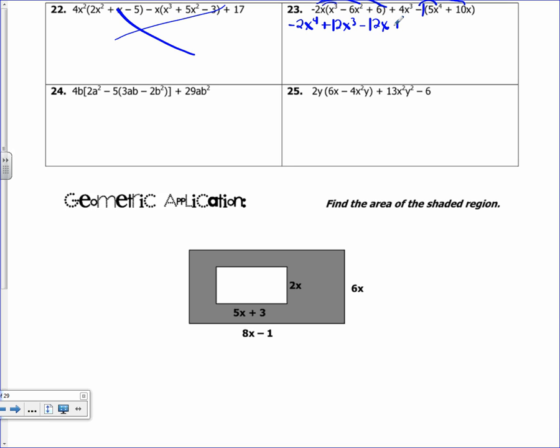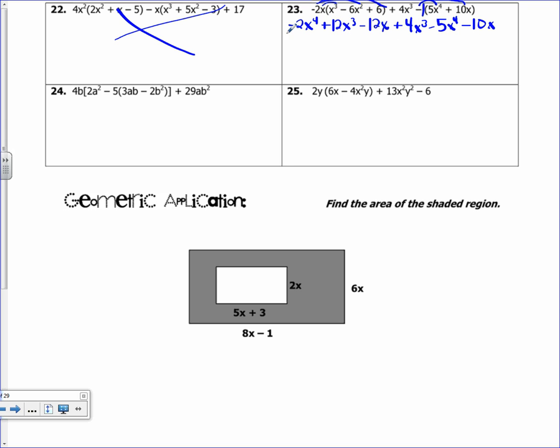That 4x cubed, nothing's happening to it. All right, now we're multiplying by a negative 1. So negative 1 times 5x to the fourth is just negative, or minus 5x to the fourth. Same kind of thing with this negative 1 and this positive 10x. That's just going to become minus 10x.